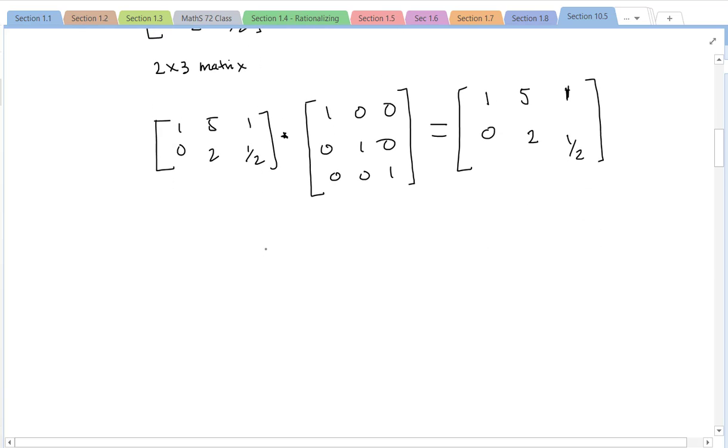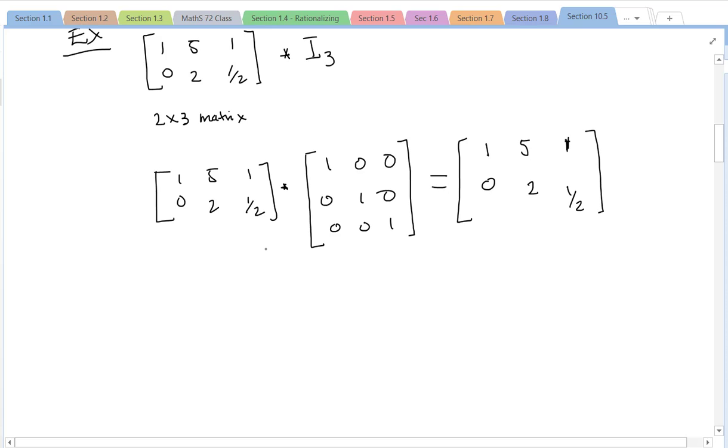So how does that help us with inverses? For inverses, we have to have a square matrix. A square matrix means that the number of rows and the number of columns are the same.